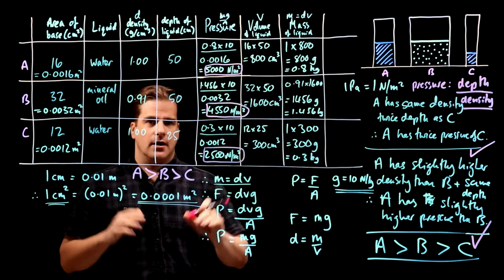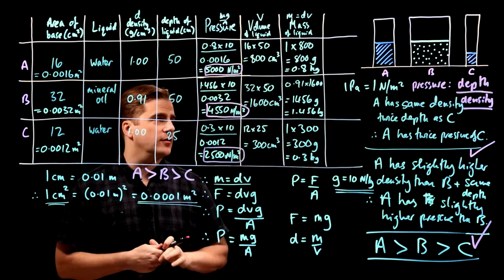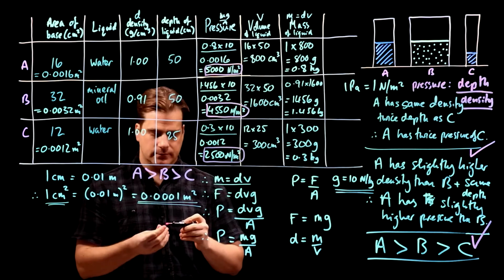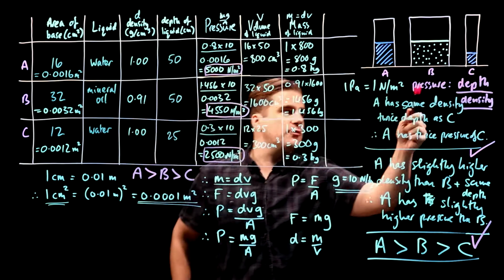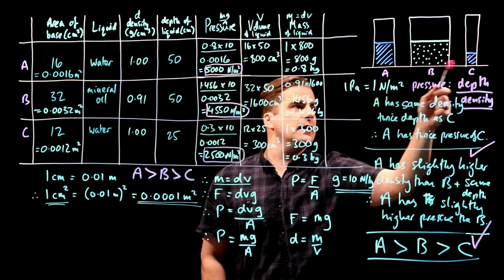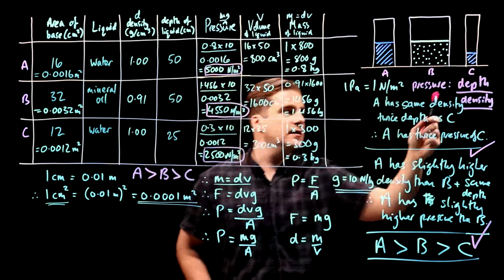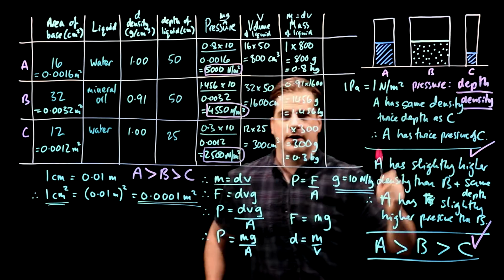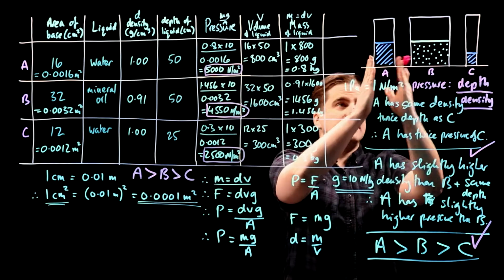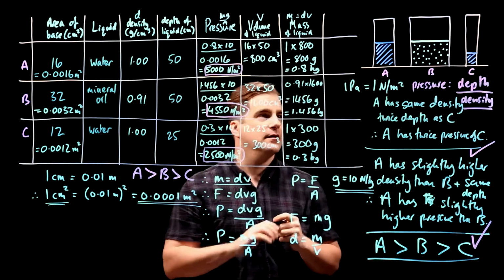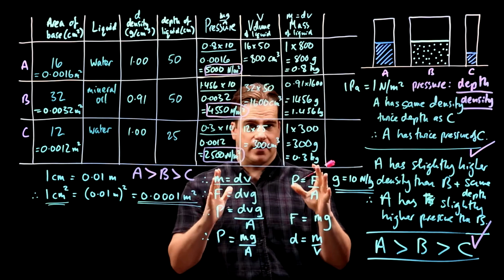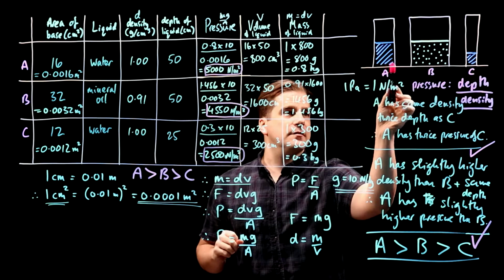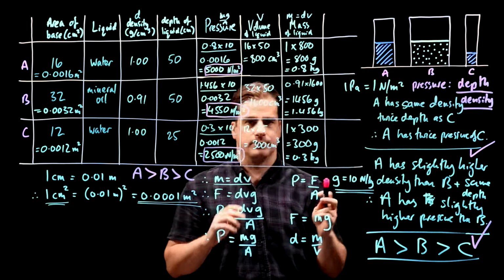Good. I just want to say a couple of things to finish off. The pressure in these containers depends on the depth of the liquid and the density of the liquid. It doesn't depend on the width of the container. And that's interesting, right? In other words, it doesn't depend on the area here.